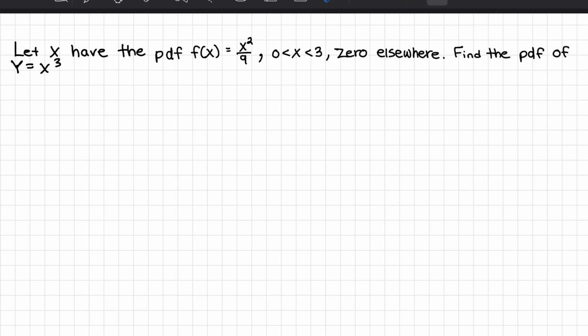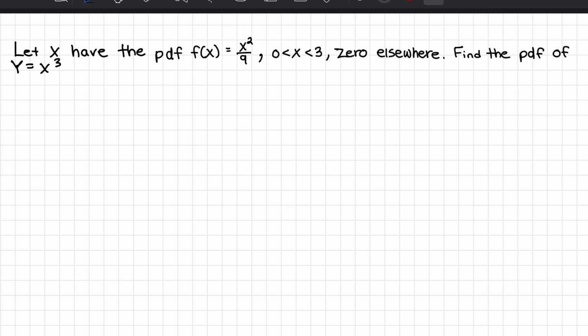This question says that we have a PDF of our random variable x, and we want to find the PDF of our transformation y equals x cubed. Since this question gives us a PDF and we're trying to find a PDF, this is a continuous random variable question. And with a continuous random variable question, we're going to be using the Jacobian technique.